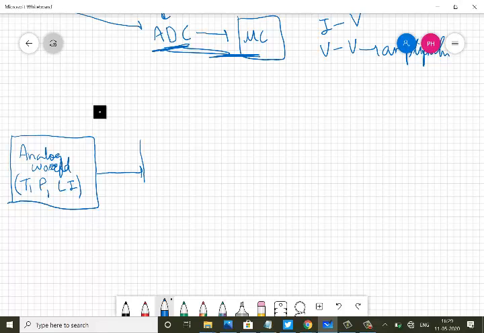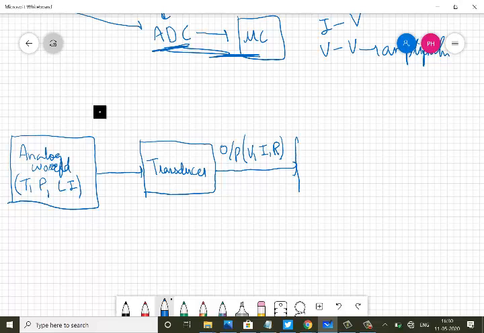These are taken as an input by a transducer. And at the output of the transducer, we get something like this, maybe some voltage, maybe some current, or maybe some resistance.